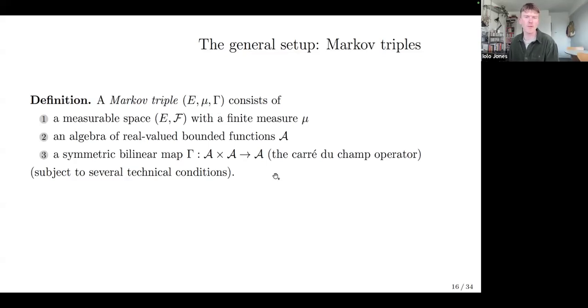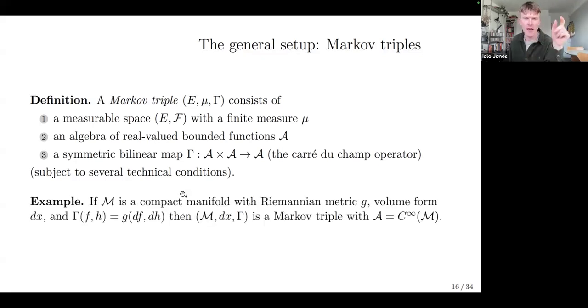So this is the general setup that we want, and it is what we're going to use as the ingredients. Again, the motivating example is if you've got a compact manifold M with metric G, Riemannian volume form dx, and gamma of f and h given by the metric, then this is a Markov triple. This is the thing that we're trying to generalize.